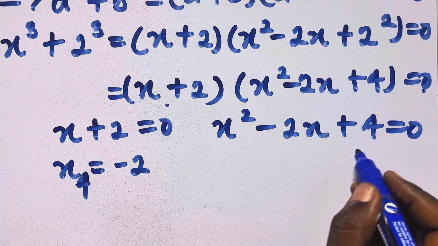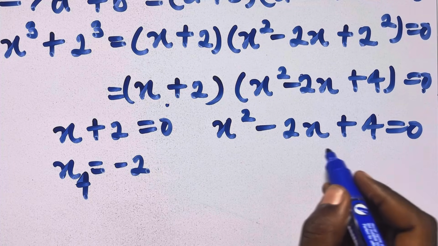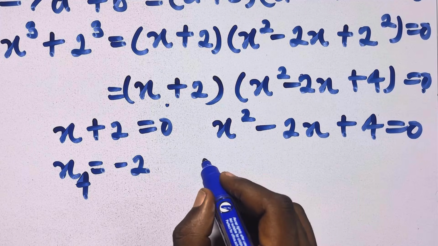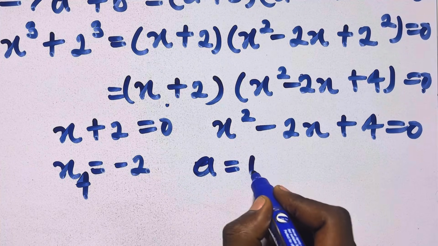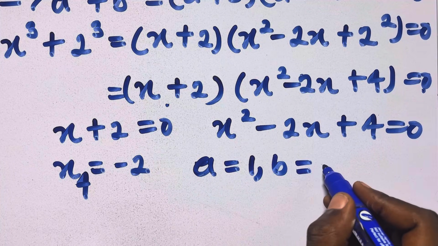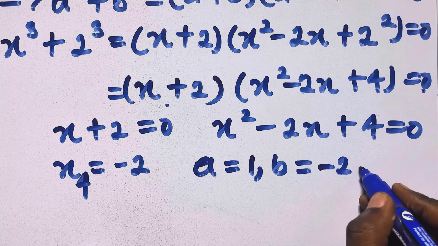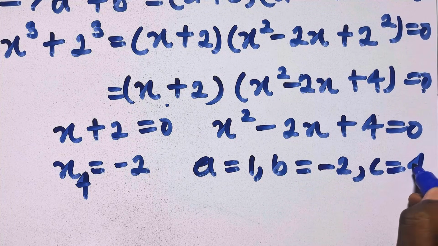So this is a quadratic equation. We want to use the quadratic formula, so let's define the variables. Our a, the coefficient of x squared, is 1, b, the coefficient of x, is minus 2, and our c, which is the constant, equals 4.